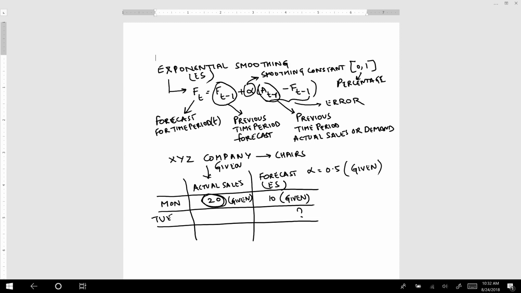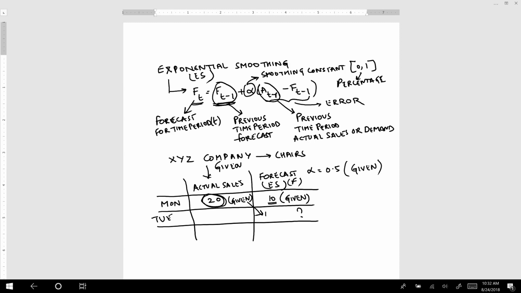So I want to predict Tuesday. Tuesday's forecast would be F of t minus 1. So to predict time period t, we are relying on previous time periods.